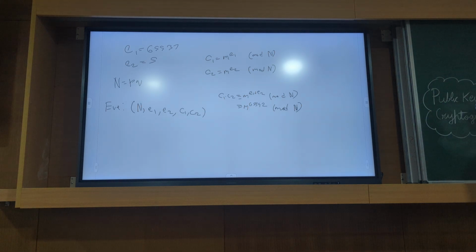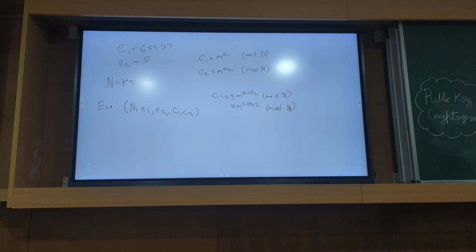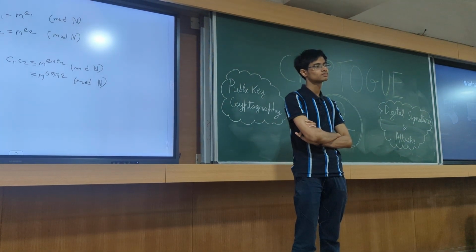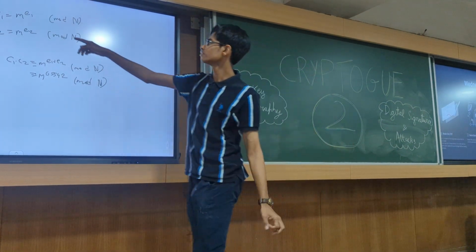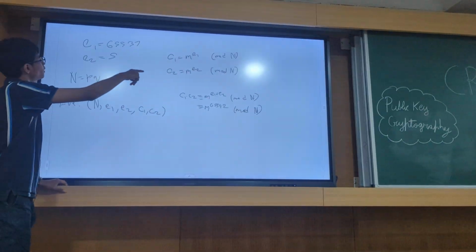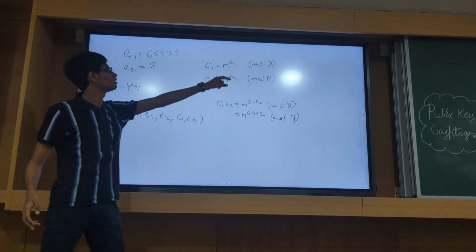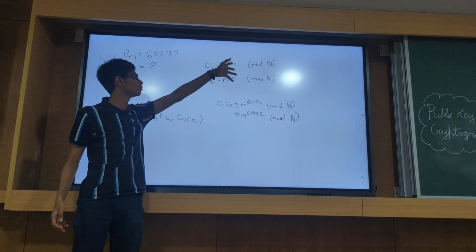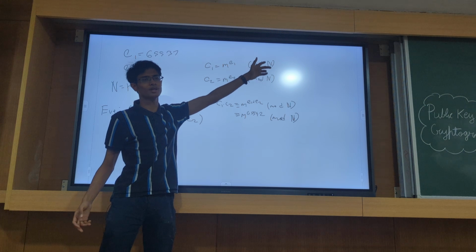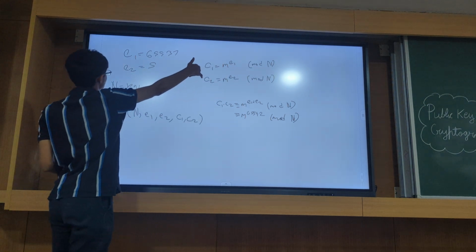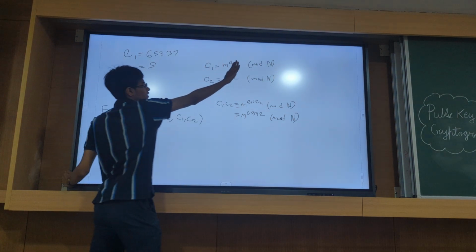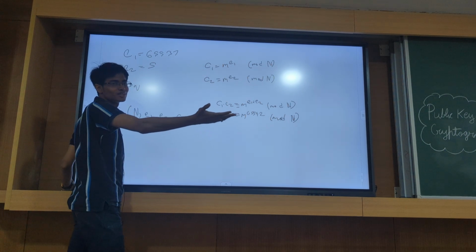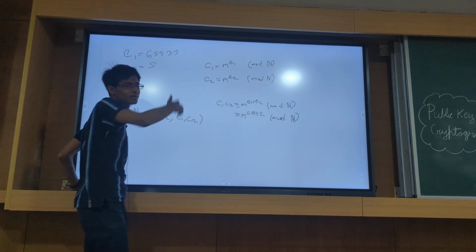Somewhere if you use LCM, the LCM of C1 and C2 would be M raised to E1. But how do you take LCM when you're considering modular values as integers? There might be no relations because this wraps around by n so many times. Had this mod n not been there, then the LCM of C1 and C2 would have been M raised to E1.